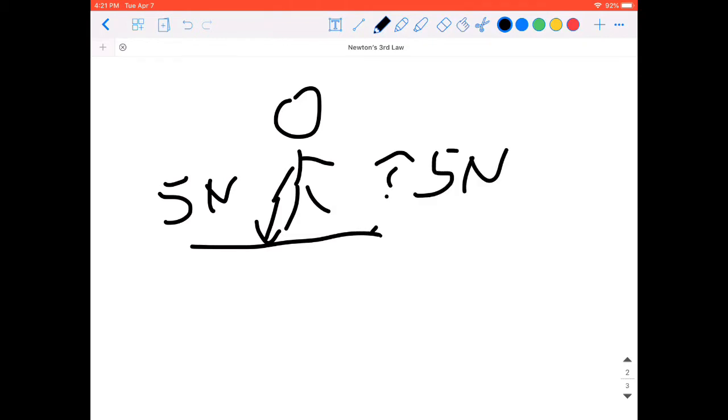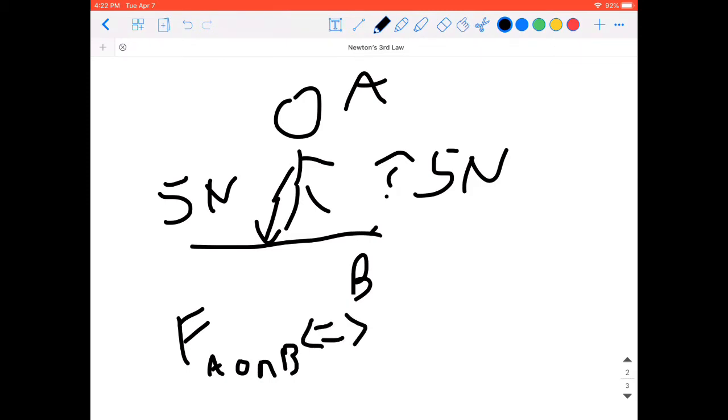Like I said, I'm recording this for a second time because my first audio recording didn't do well. So yeah, let's call that person A. Let's call that table B. Well then, the force of person A on table B is 5 newtons, which is the third law partner force of the force of table B on person A. So that is a third law partner force.